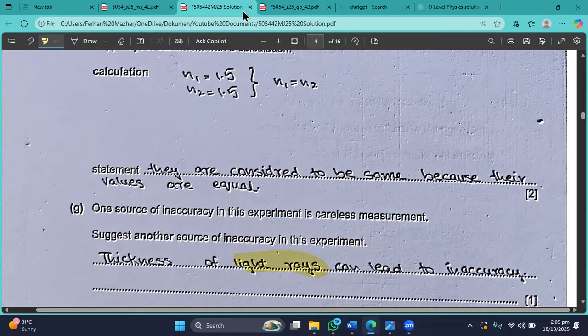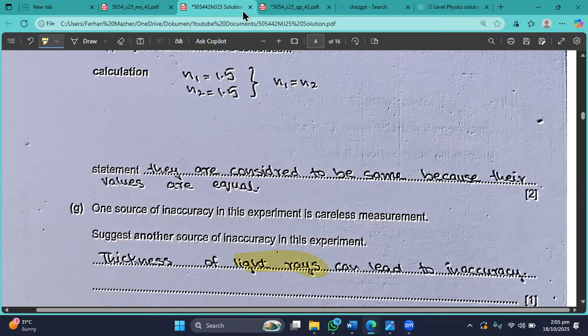From a ray box, the light should come like a beam, and that beam should be very thin. If your light ray coming from the ray box is thick, it's wide, so what will happen? To mark the exact position, the student can go inaccurate because he might not put crosses in the middle.